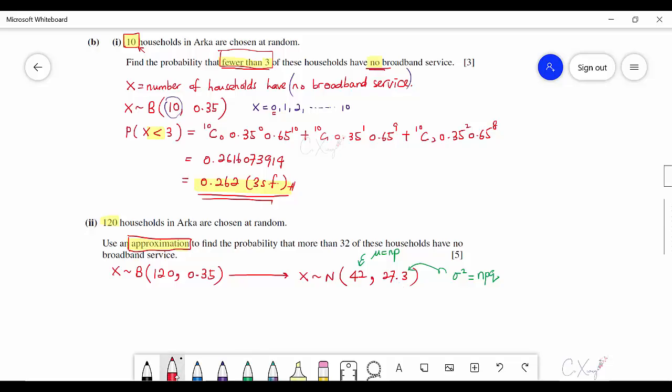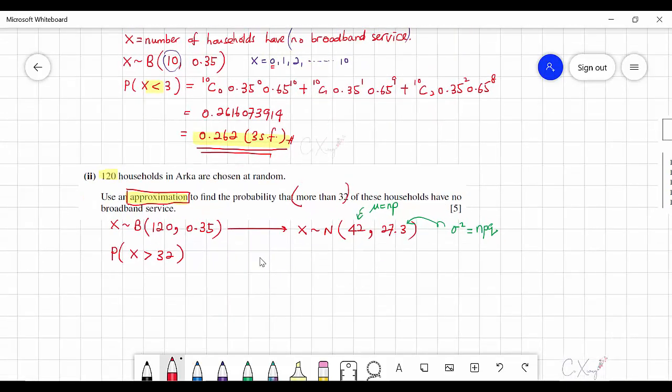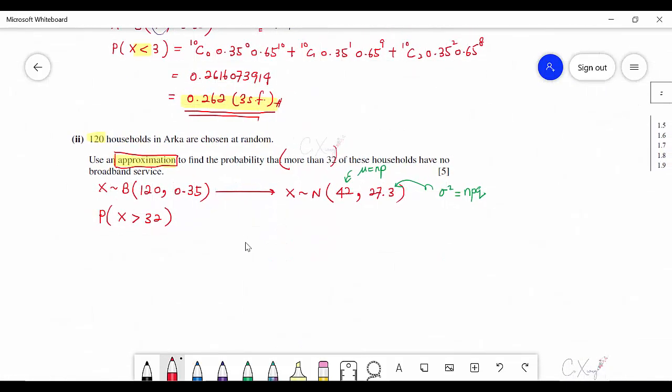Now they are asking for more than 32 of these households having no broadband service, so X more than 32. You want to find the probability for more than 32, and please take note that more than means 32 is not included, so there is no equal sign here.